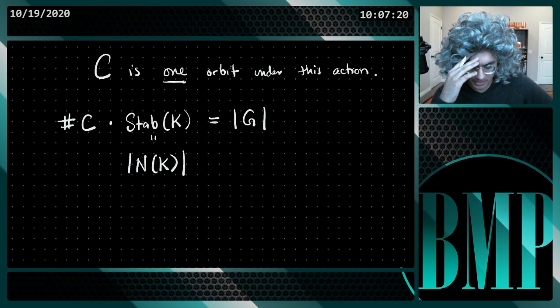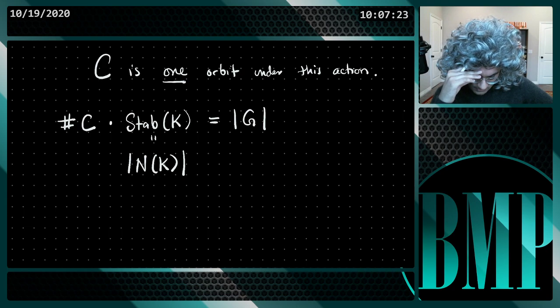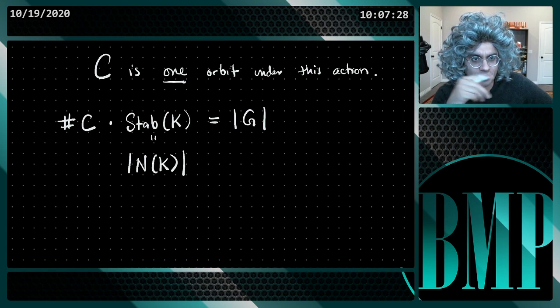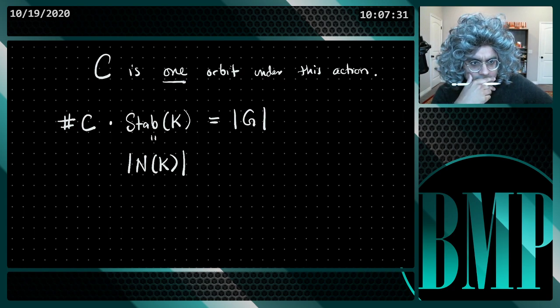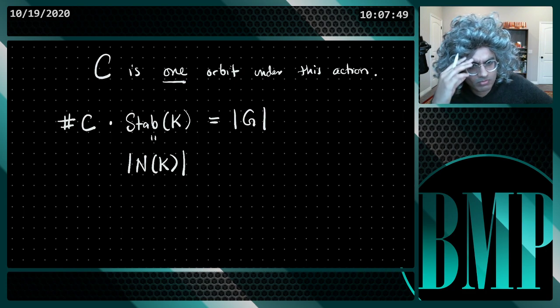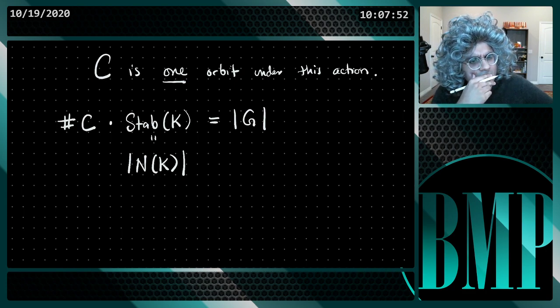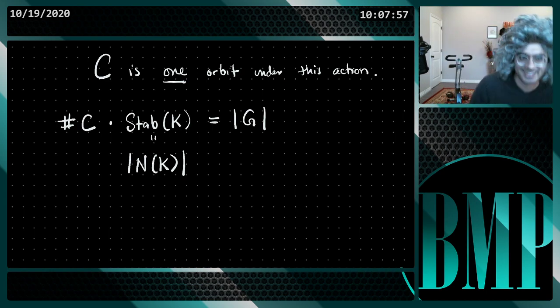But wait, hold on. I'm trying to derive a contradiction. So we know that the size of C is the size of this times that. So how do I conclude though? Wait a second.